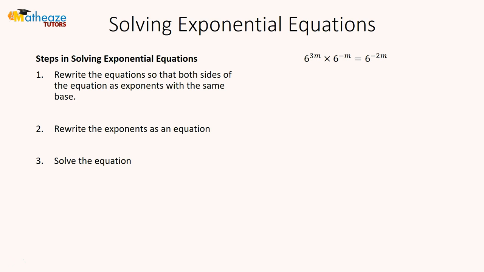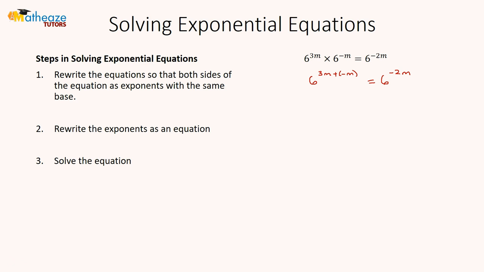Now we're going to apply the multiplication of exponents rule here. So this is going to give us 6 to the power of 3m plus negative m equal to 6 to the power of negative 2m.